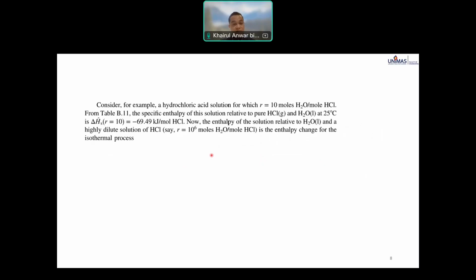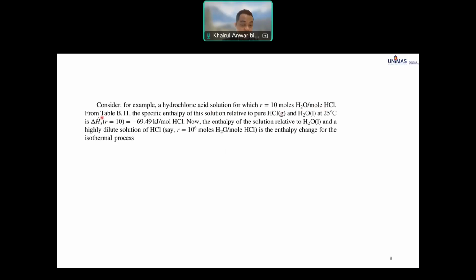Consider, for example, hydrochloric acid. This is Table B.11. A hydrochloric acid solution for which r equals 10 moles water per mole of hydrochloric acid.